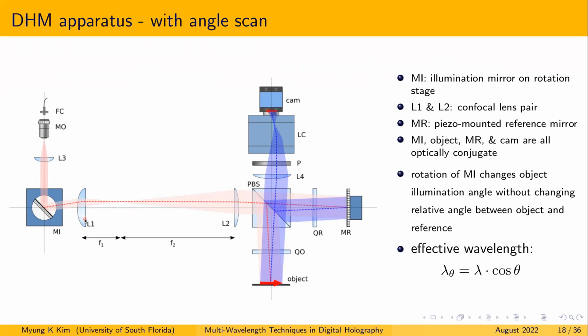This way, the rotation of the input mirror changes the object illumination angle without changing the relative angle between the object and reference.